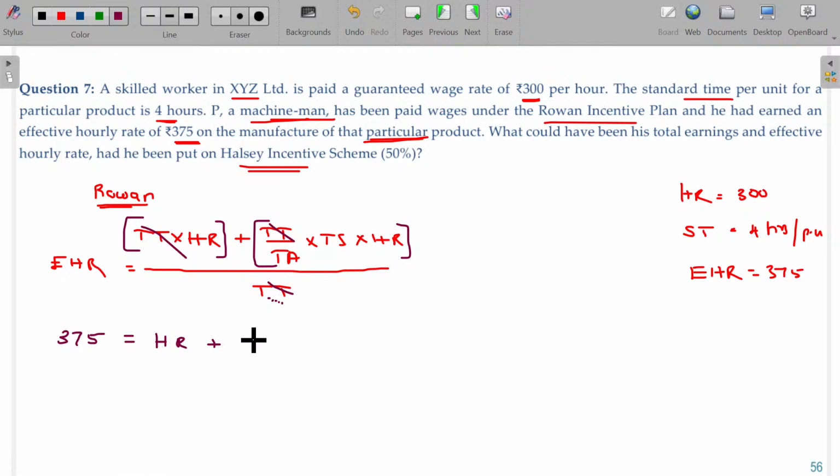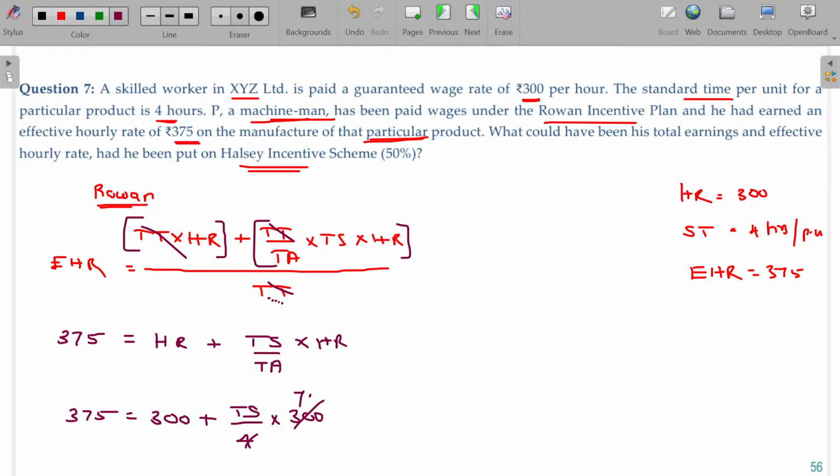Hourly rate plus time saved into hourly rate divided by time allowed. Hourly rate being 300 plus time saved I need to calculate. Time allowed being 4, hourly rate being 300.